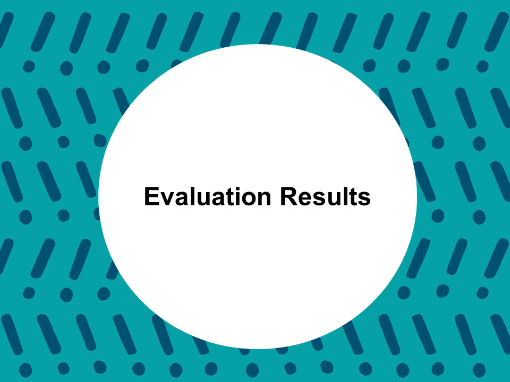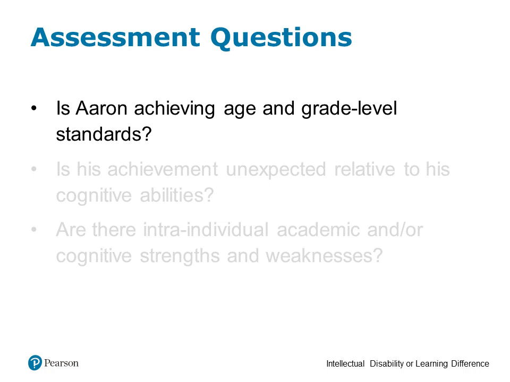So let's take a look now at the evaluation results, and I want to think about the distinction between an intellectual disability and a specific learning disability, and certainly one of the components will relate to the intellectual functioning. So the question that we'd asked is whether or not he's achieving age and grade level standards.